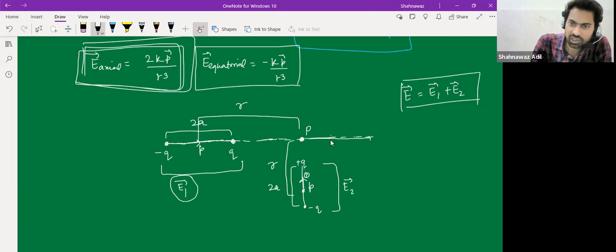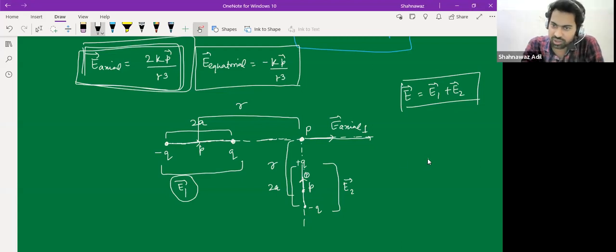So E1 is E axial 1. Can you see this? This is the dipole, and we want to calculate the electric field at this point. So this is what point?